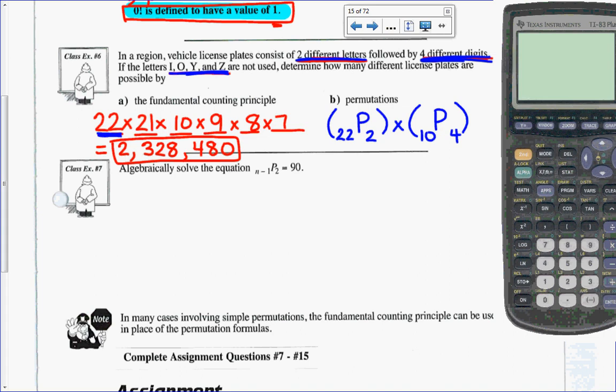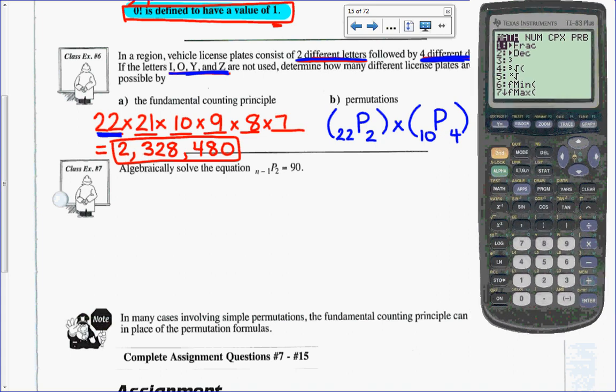And if I do that on my calculator, let's see if we can get our calculators to do this. So we have to plug in the 22, then math button, go over to probability, go to number 2, 22P2. Oh, I forgot to put my bracket in. That's okay.